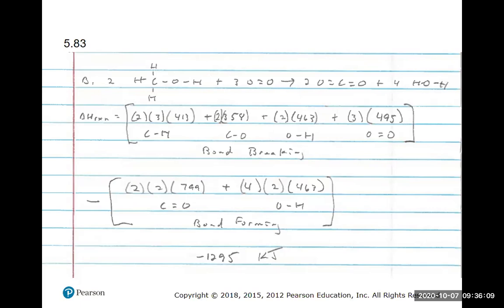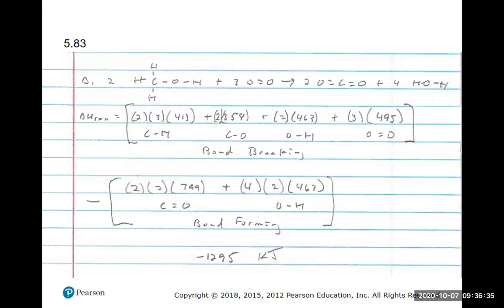And then the third type of bond in this molecule is an OH bond. So once again, 2 because there's 2 moles, and then the OH bond energy is 463. So that takes care of that first molecule. All 3 of those things go into the bond energy calculation for that first molecule.